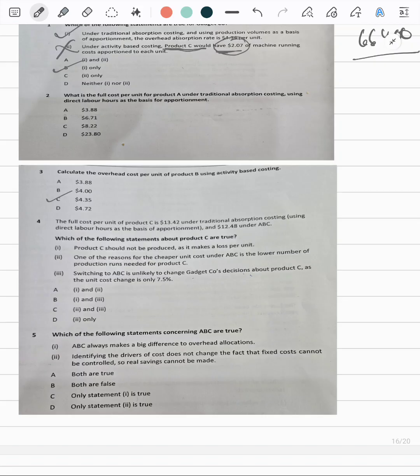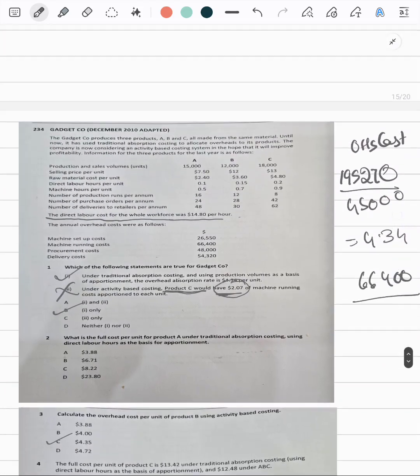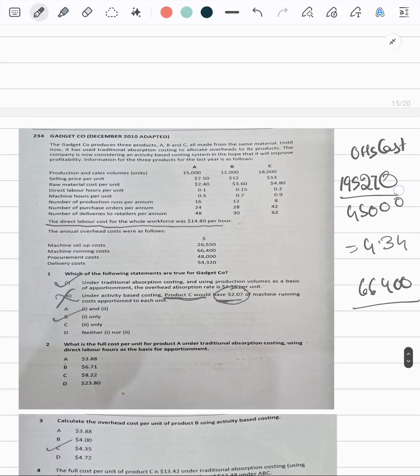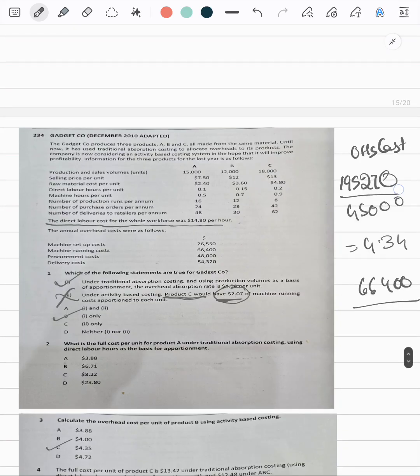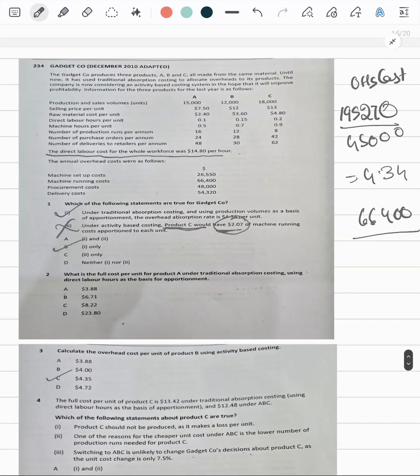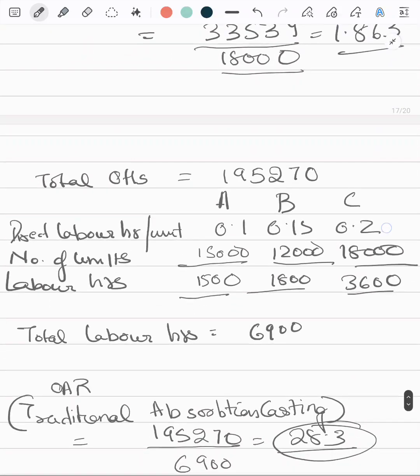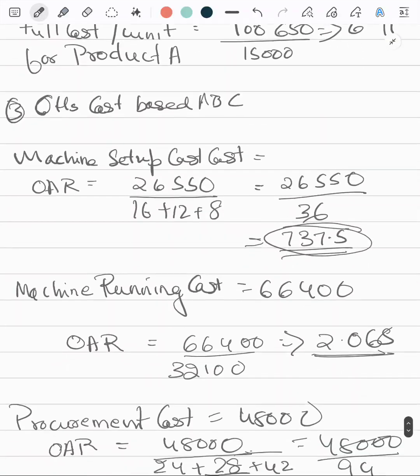Okay, I understood. So in statement 2, what I can say is that the number of production runs in case of product C is 8. While calculating the overheads for product C, I would multiply the overhead absorption rate for production runs. And what was the overhead absorption rate for production run? We had just calculated it for product B only.